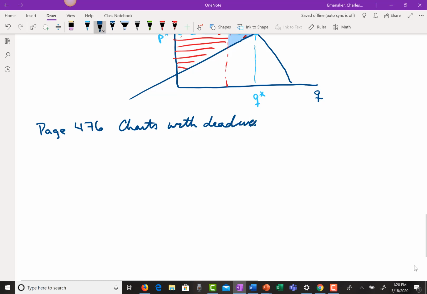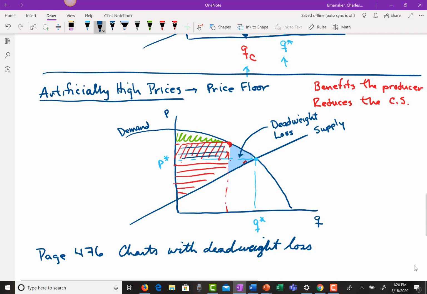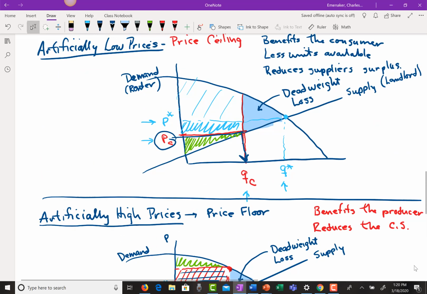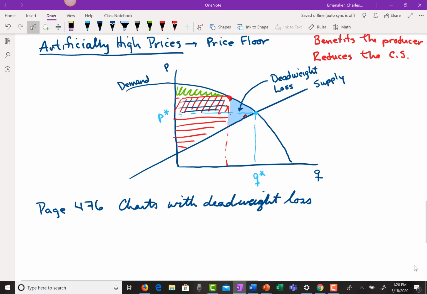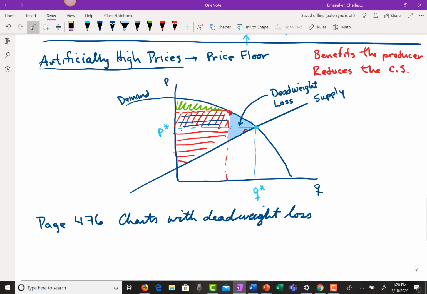It will elaborate further for you on who benefits and who loses in either the case of a price ceiling, artificially low prices, or a price floor, artificially high prices.